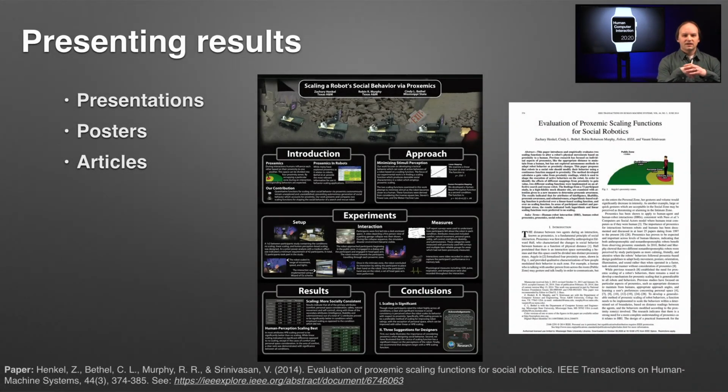So once you've conducted your study and analyzed your results, typically if it's academic work and it's something that you want to publish or put out there, you make presentations, typically to your research group or wherever it is that you're doing this. One thing that is pretty common at academic conferences are posters.